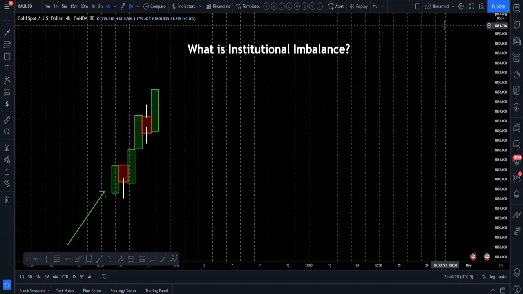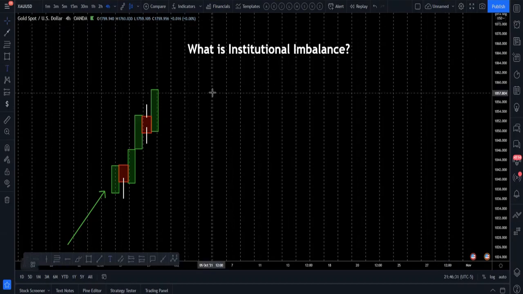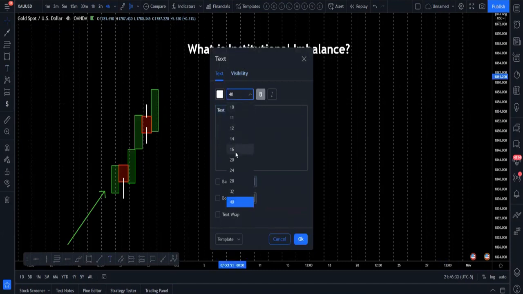What are institutional imbalances? Well, to put it in very short terms, institutional imbalances are just like our price gaps. What that means is, if you have institutional imbalances, price has moved in one direction without any retest or balance.